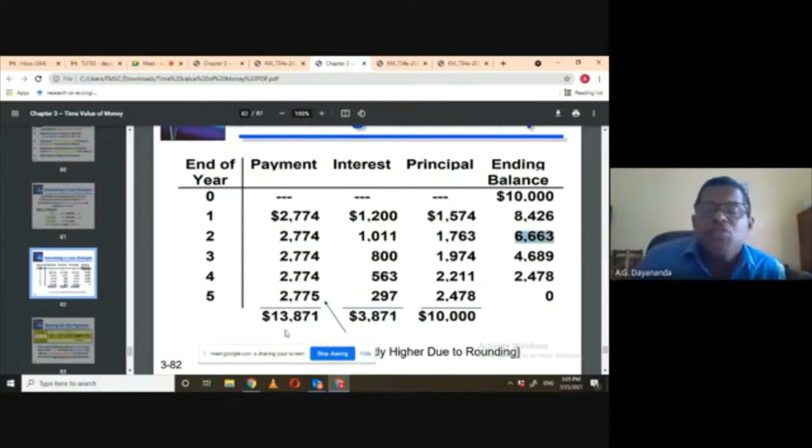So when you make the year 1, year 2, year 3, year 4 and year 5 payments, your loan balance would be 0. That is the idea. This is the total payment you are making over 5 years. This is the total interest you pay the bank because of your borrowing. This is how you settle the 10,000.